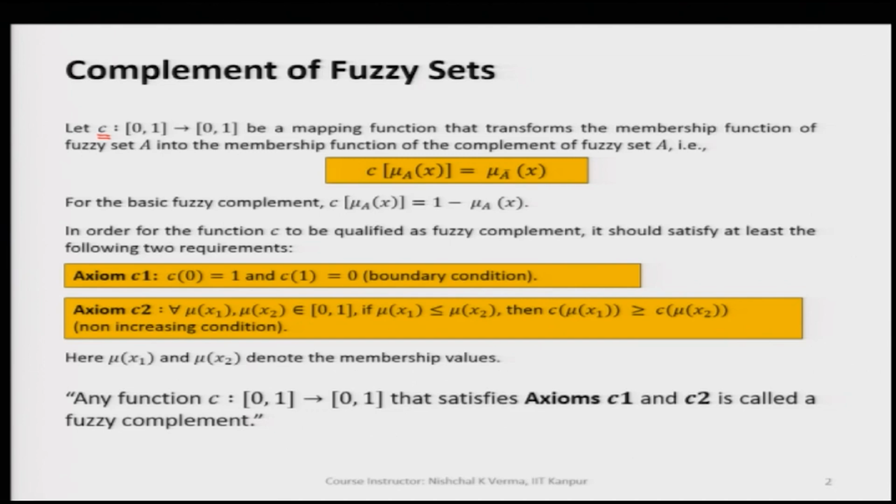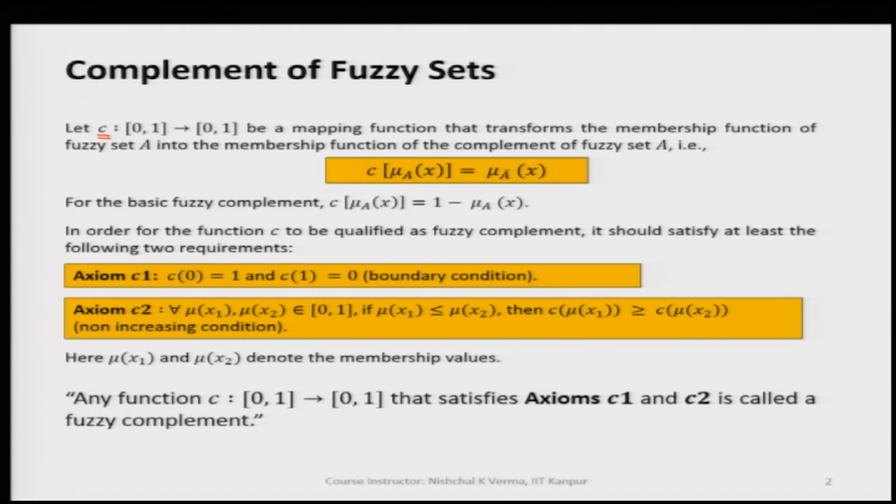This means that C is a complement operator, and if it is operated on any membership value, which will be anywhere from 0 to 1, it is going to give us again a value somewhere in between 0 and 1.